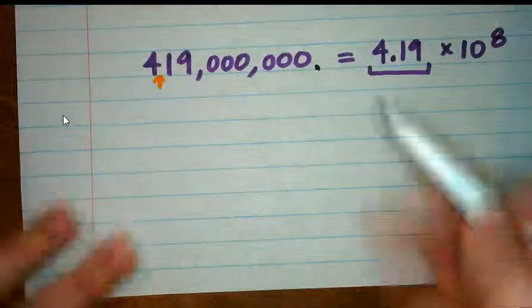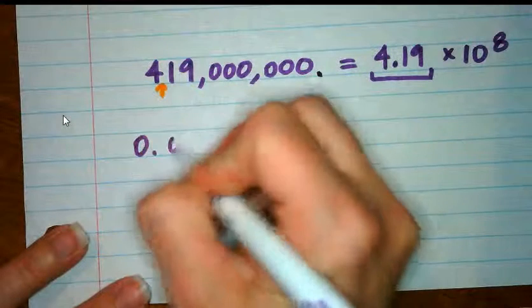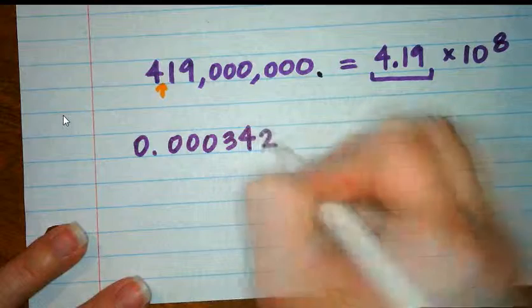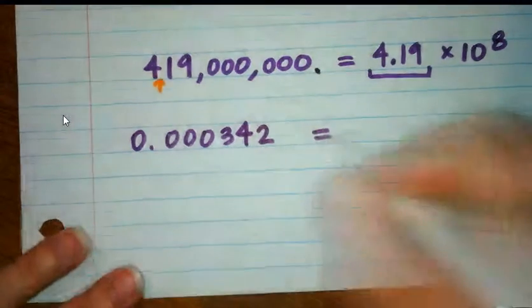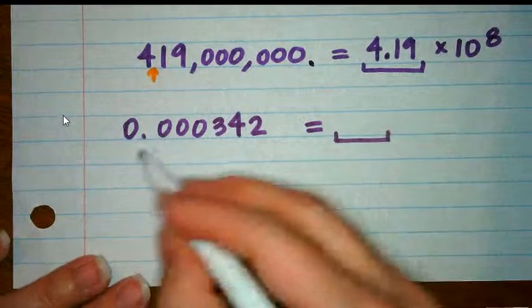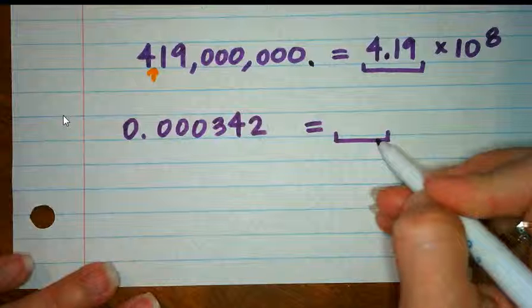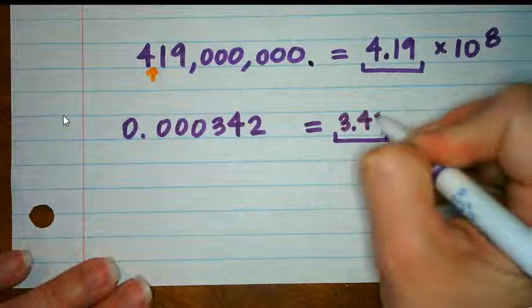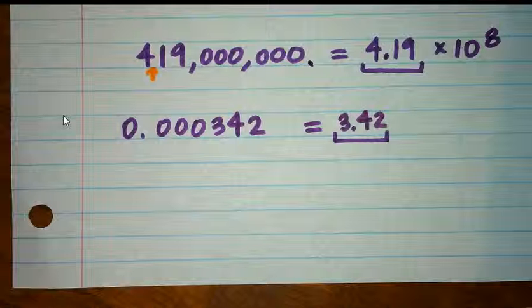To go the other way, let's say we had 0.000342. So the first thing we have to do is make this number into a number between 1 and 10. So that means I need to put the decimal after the first number that's not a 0.